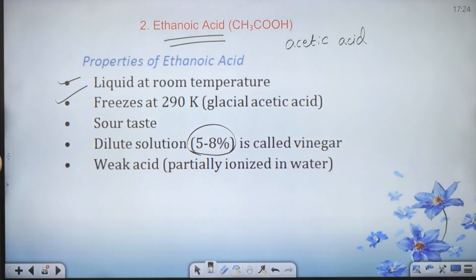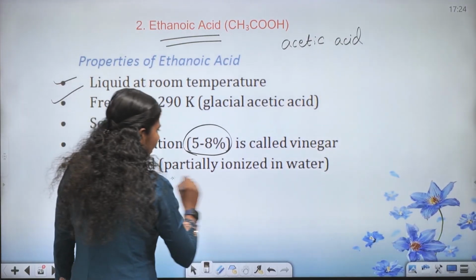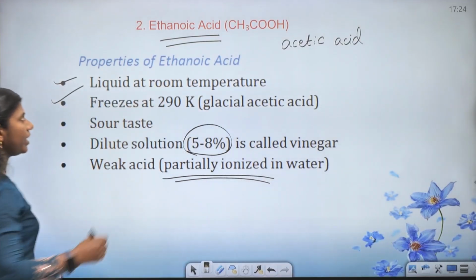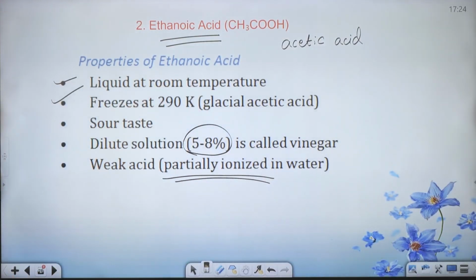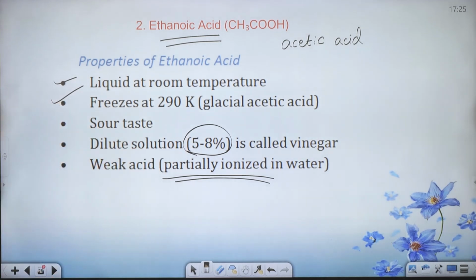It is a weak acid. Weak acid means it is partially ionized in water to form the corresponding ions.